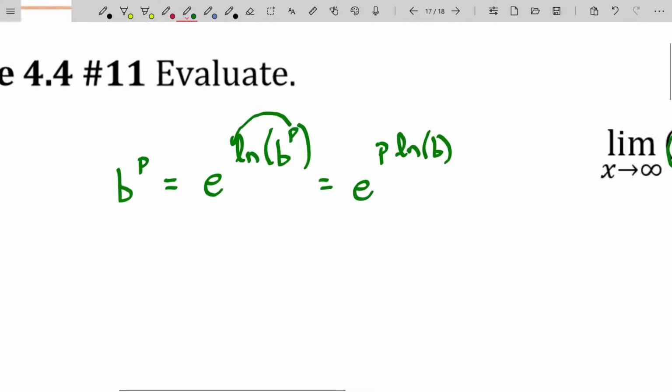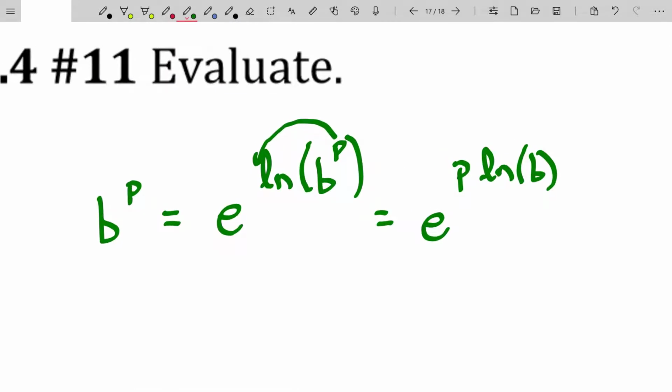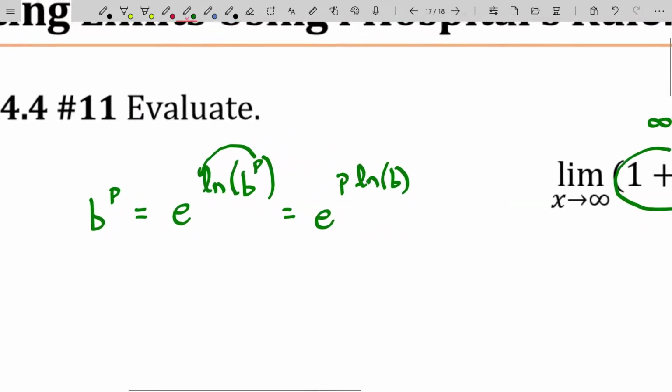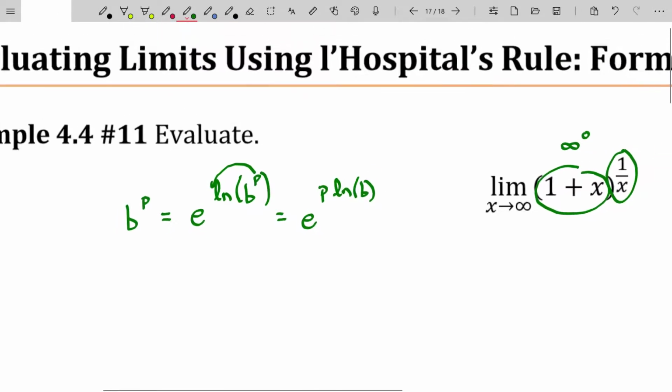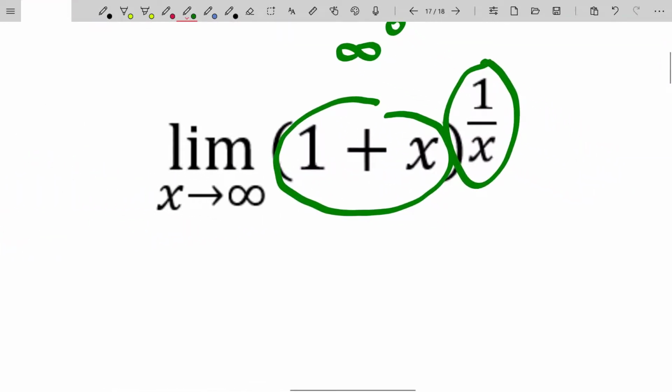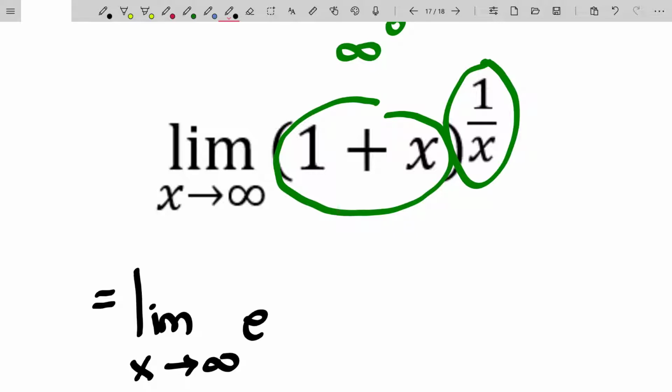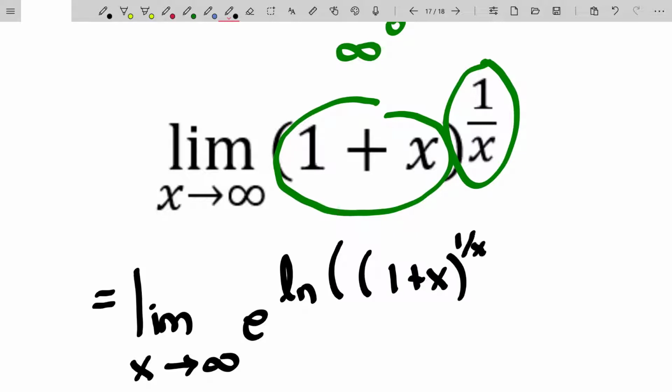So this is the rule that you're going to use with all of them. Instructors teach this differently from each other. This is the way I'm going to teach it here. So I'm going to say that this is the same thing as the limit as x is wandering off to infinity of e to the natural log of that (1 plus x) to the 1 over x power.